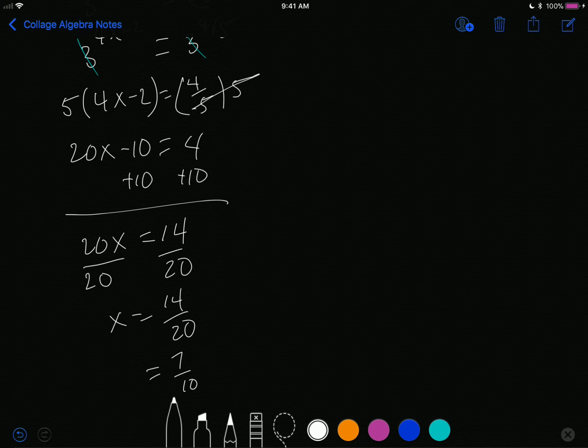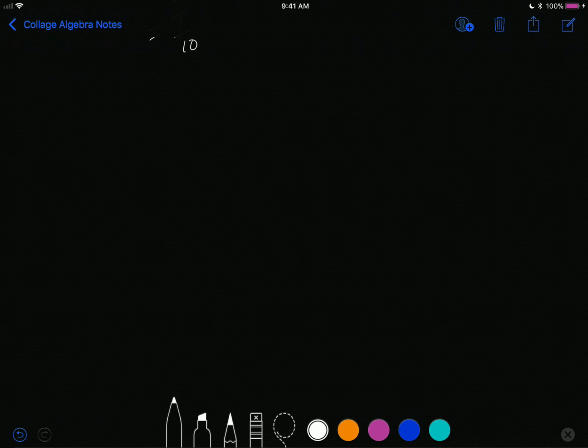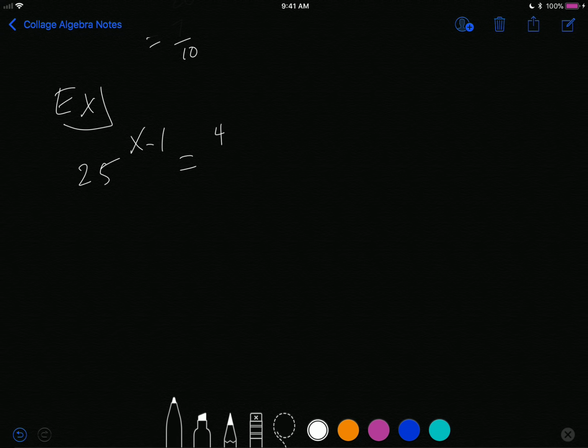One last example before we go. Let's say I have 25 raised to the x minus 1 is equal to the 4th root of 125. Well, there's a hidden power 1 right here, correct?